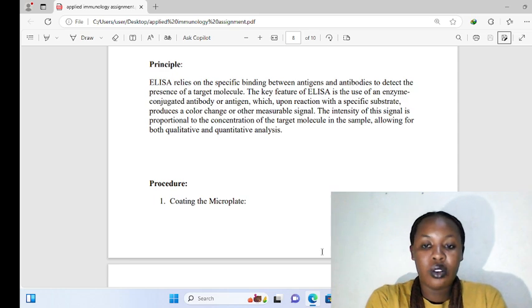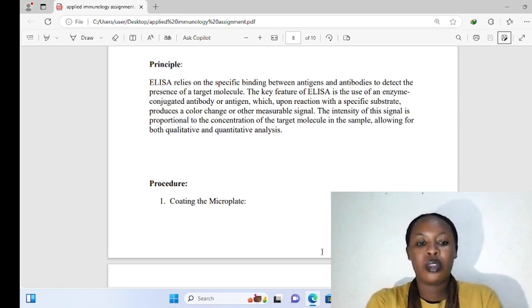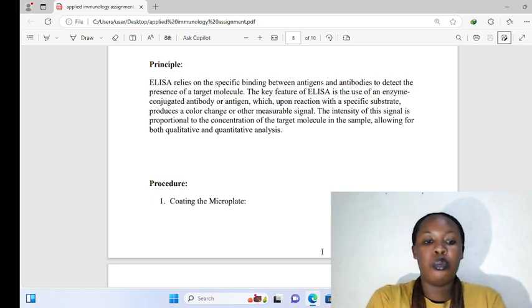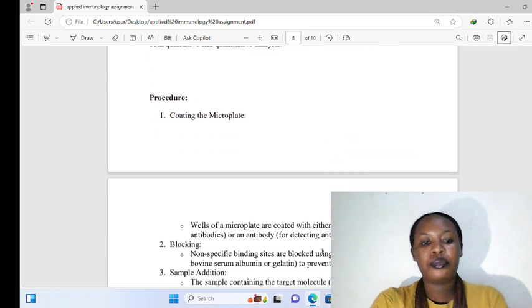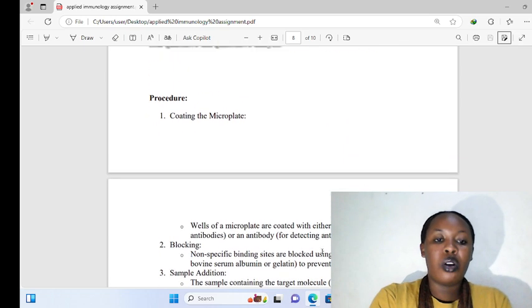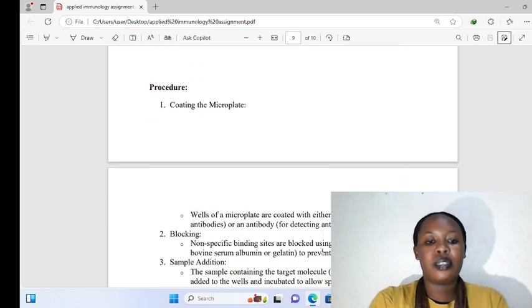The intensity of this signal is proportional to the concentration of the target molecule in the sample, allowing for both qualitative and quantitative analysis. How do we perform the ELISA technique?